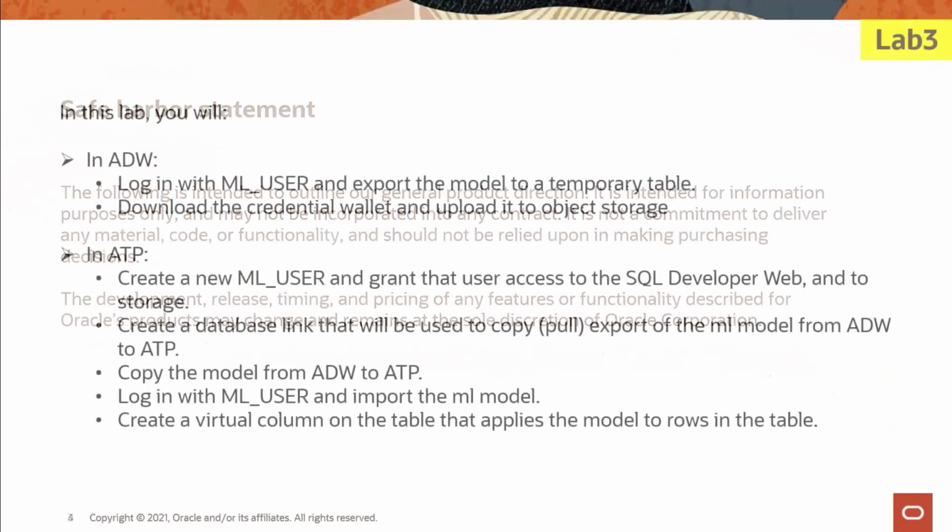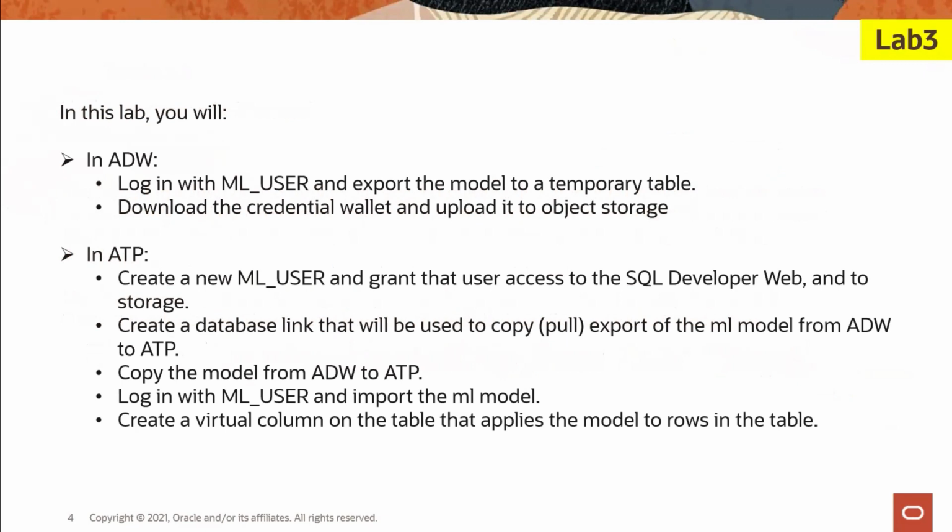Okay, let's talk about lab 3. In this lab, you need to do 2 activities, in ADW or Autonomous Data Warehouse and in ATP or Autonomous Transaction Processing. In ADW, you need to log in as ML_user to export the model to a temporary table. After that, we will download the credential wallet file and upload it into the object storage. That's the ADW part. For the ATP, we will need to create a new user schema, ML_user.